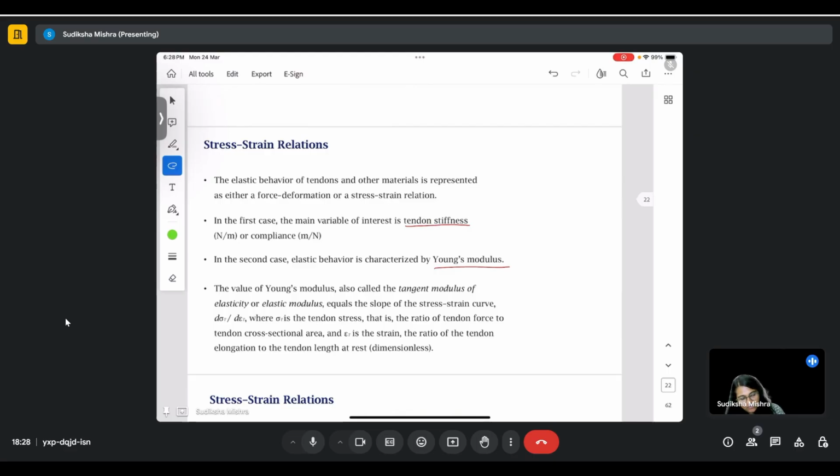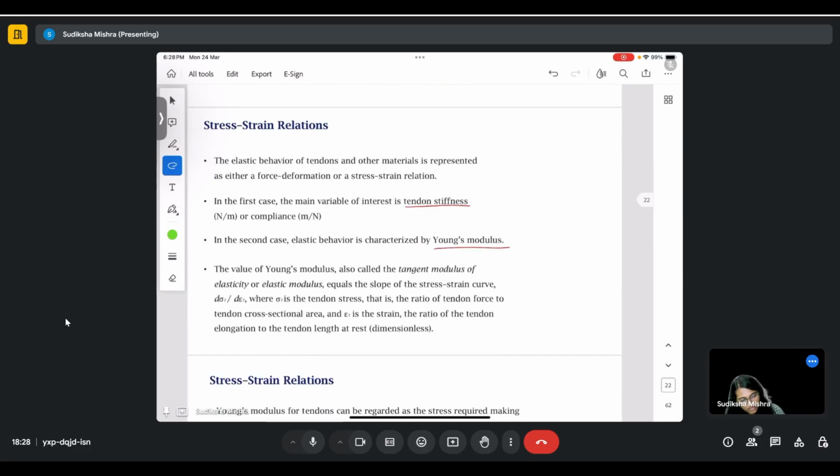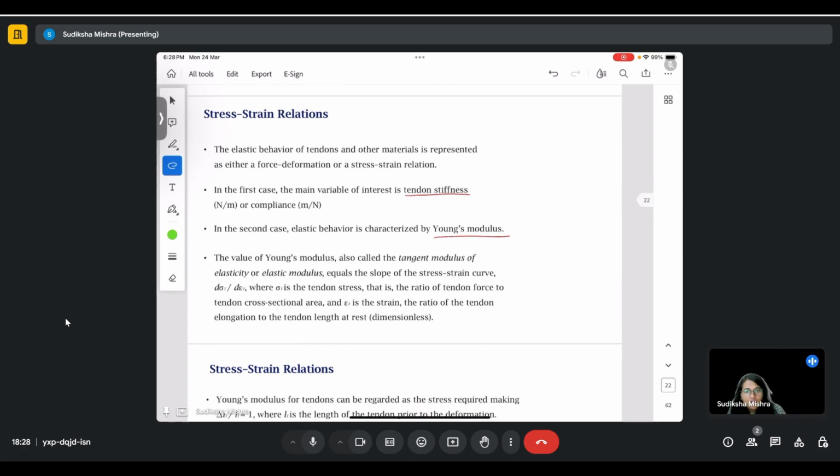If you are looking at the force deformation relation, you would either compute tendon stiffness or compliance, which is 1 over the stiffness, or you can compute the Young's modulus, which will give you an idea of the elastic behavior of the material.